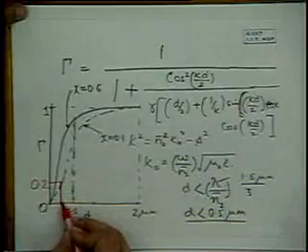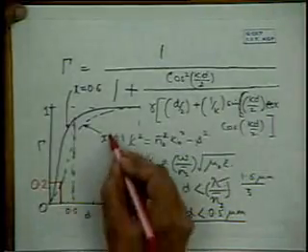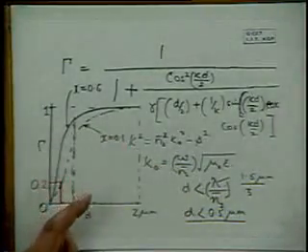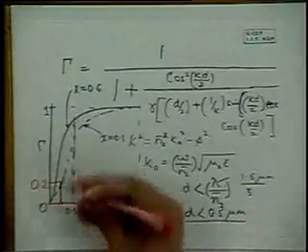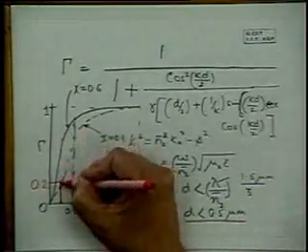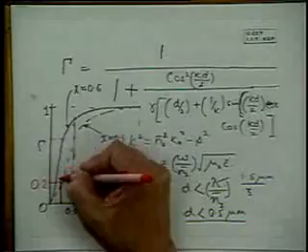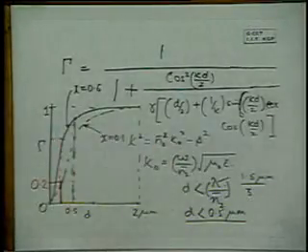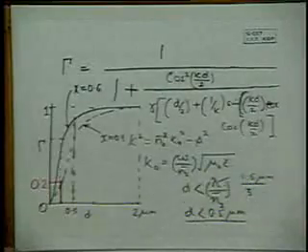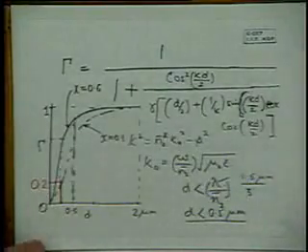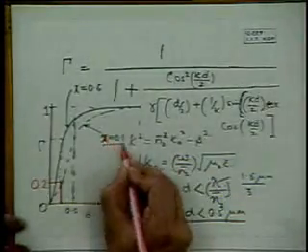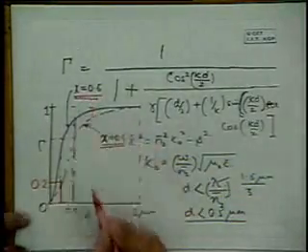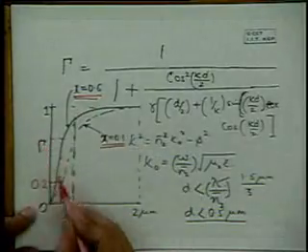On the other hand, for x equal to 0.6, gamma is quite large. But from the growth point of view, x equal to 0.6 is too large. It's the indirect gap region. So x is a very important parameter in controlling the confinement factor, and of course d.